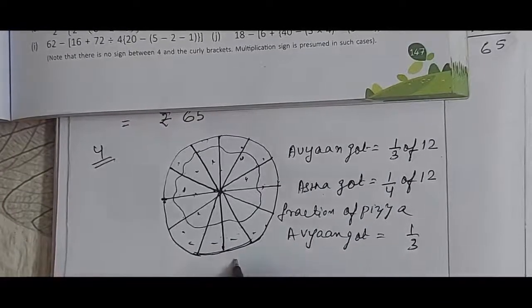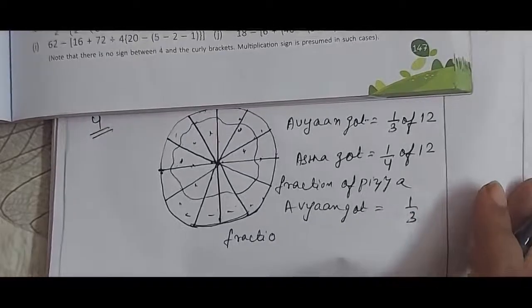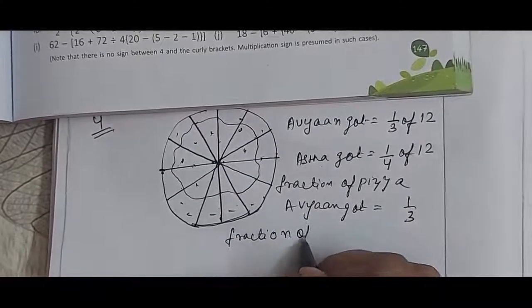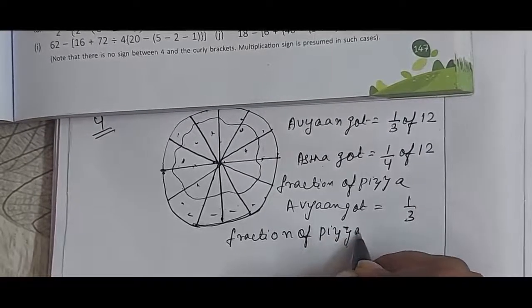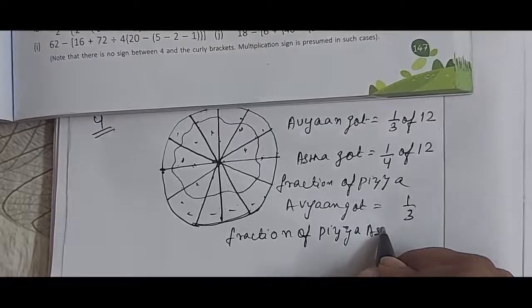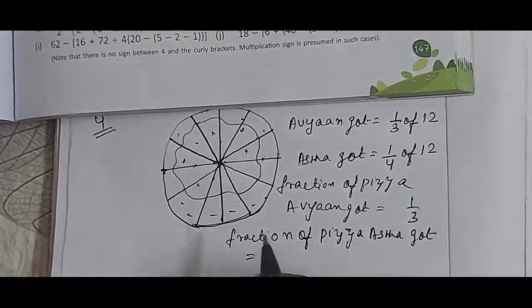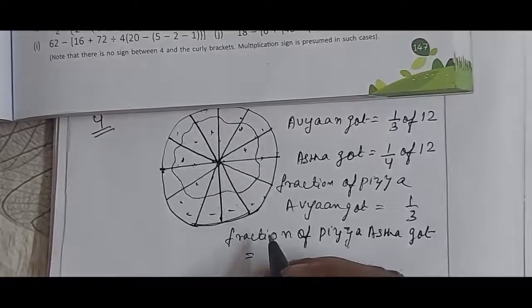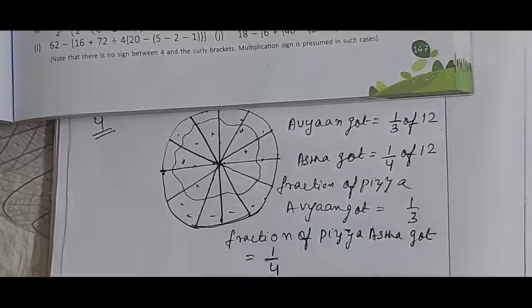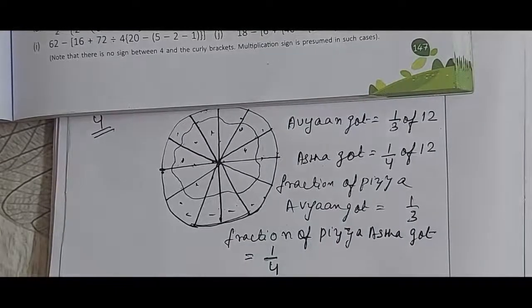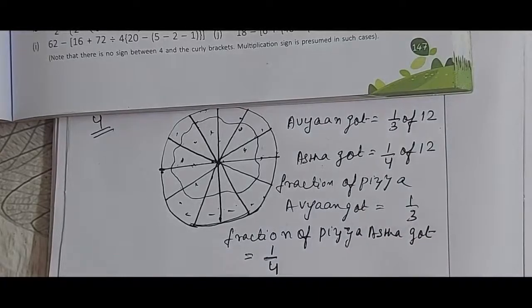And fraction of pizza Astha got, that is again equal to, as per the question, 1/4. So this much part, if you add, because the question is asked in fraction.